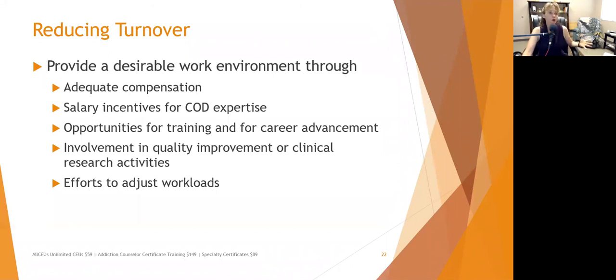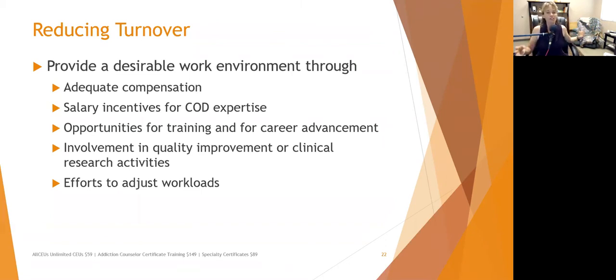Involve staff in quality improvement and clinical research activities so they feel like they have a voice, and make efforts to adjust workloads. Sometimes workloads are going to need to be adjusted. Maybe your clinician who's a great clinician, but her mom is suddenly going through chemotherapy and she's needing a little bit of extra time off to take her to and from the hospital to get her chemo treatments and take care of her. That clinician may not be at 100% right then, even if she's there 40 hours a week.